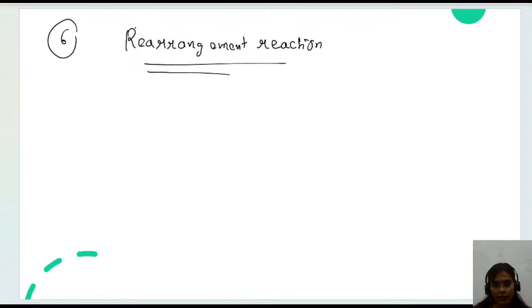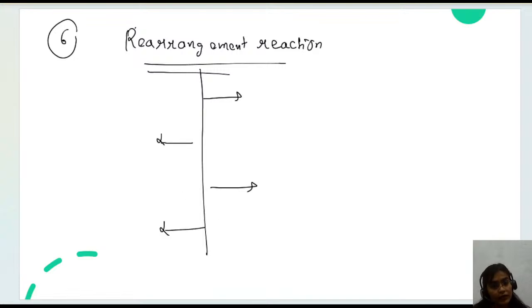It is further classified into four parts. You have to remember them in sequence, because all are almost similar and difficult to remember, and then we face difficulty remembering the reactions. All four naming reactions are very important. So let's discuss that.